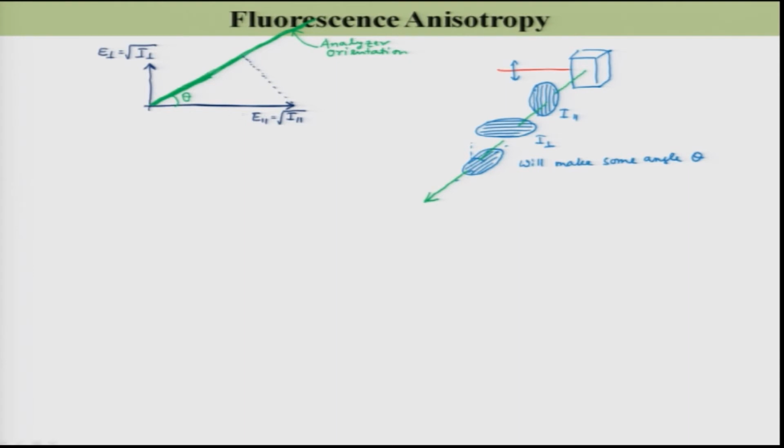If this is E parallel, then this will be E parallel cos theta. And if this is E perpendicular, then from here to here, this part will be E perpendicular sin theta.